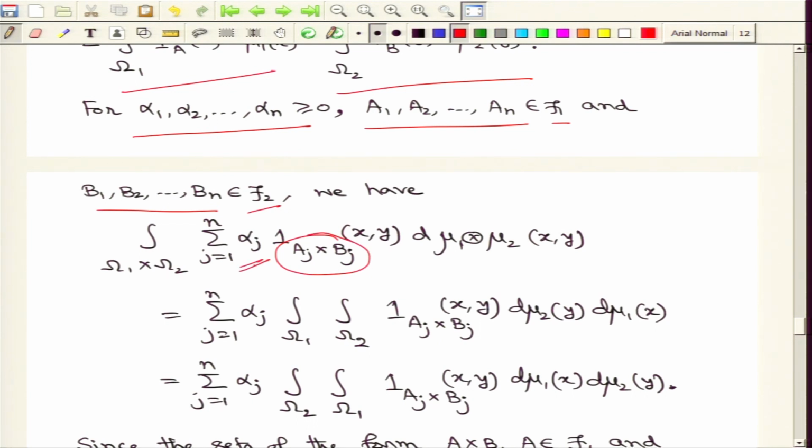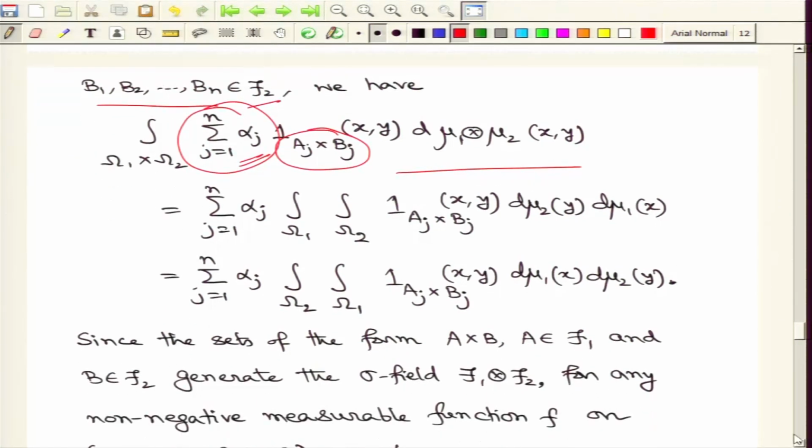Now, if you look at these linear combinations with these scalars acting as the weights, then if you use the previous relation that we have just justified and take essentially the summation of the relations, you will end up with this relation, that summation over this integration with respect to the product measure mu1 tensor mu2 can be written as summation over certain specific iterated integrals. In one direction you can integrate with the second variable first and then do the integration with the first variable, and in another direction you can integrate out the first variable and then integrate with respect to the second variable.